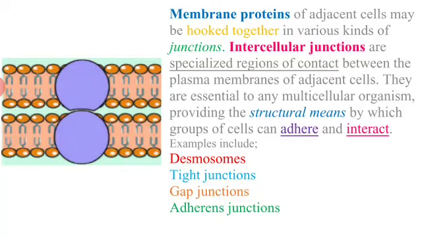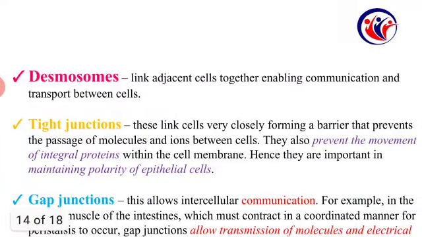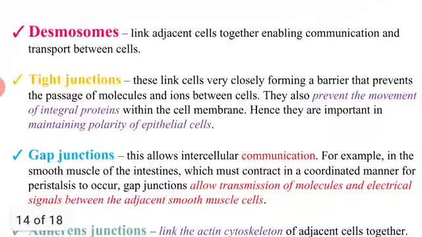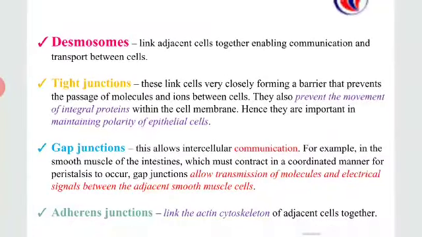Please pronounce them in a way that allows you to spell them correctly. But remember, they are for contact and interaction. In the next slide, we try to give the functions of each type of intercellular junction. In the notes that I sent you earlier, these functions are spelled out. So we shall not dwell on them much because of time.